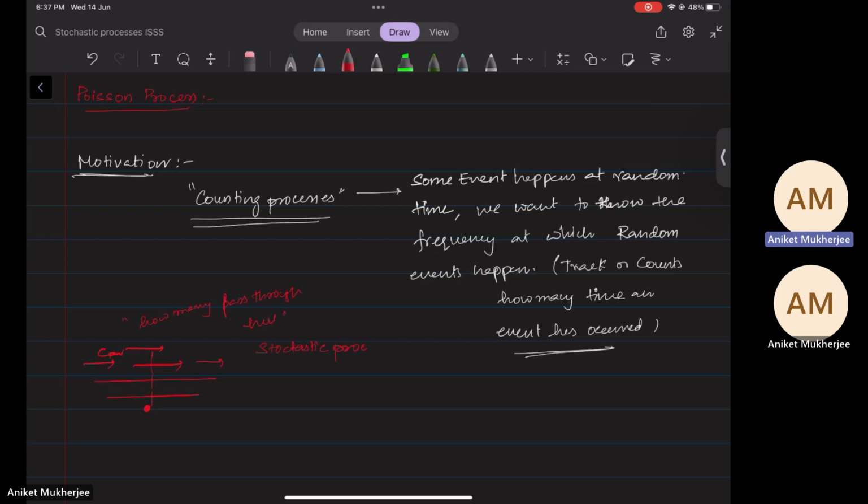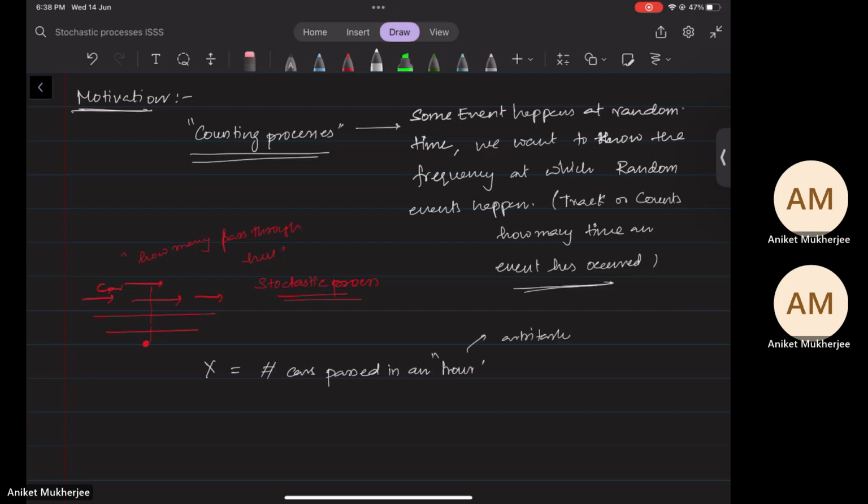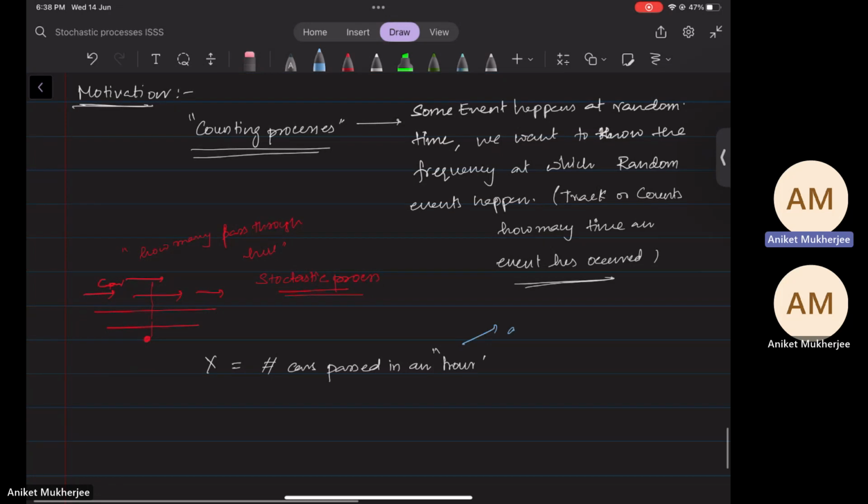That is my stochastic process. So what you do first is you define a random variable. That random variable is the number of cars passed in an hour. This you decide arbitrarily.